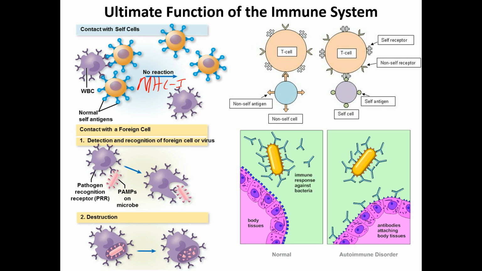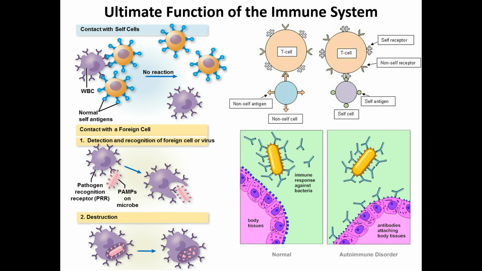This presentation involves what we call MHC1 receptors. These MHC1 receptors are found on all of the nucleated cells of the body, and they function in presenting antigens to our immune cells.